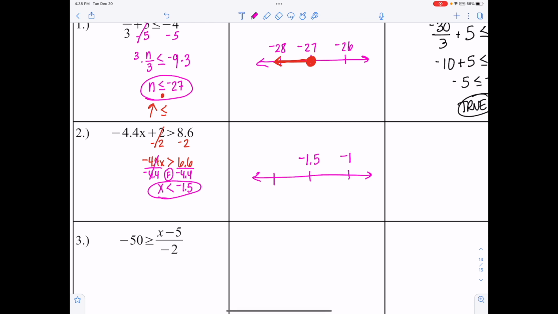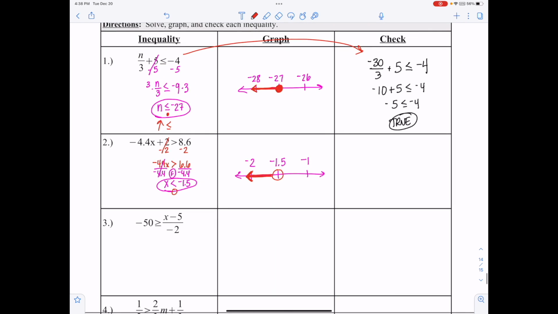Let's just do negative 1, and let's do negative 2. Okay, all right. Look and see if we have concrete or not. I do not, so it's an open circle. And then I'm going to reread this over here. So it says x is less than, which means that I am going to the left. And I really want to shade this in well to make it stand out.